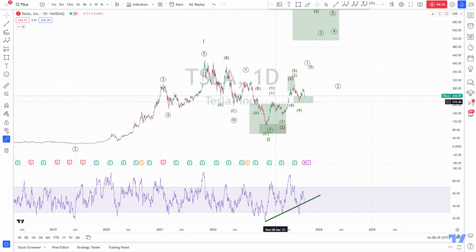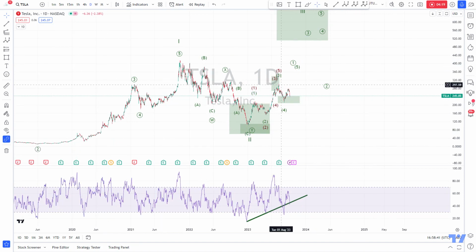The alternative count is that we finished our wave 1 here. So that would be the secondary scenario. And then we would have something like 1, 2, 3, 4, 5. But although it is possible, I don't really like this scenario, because what I like to see in an impulse is actually this here, wave 1 and wave 2 that form the RSI trend line here in RSI.